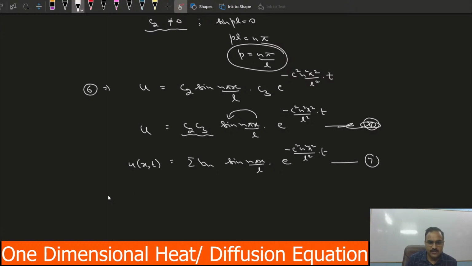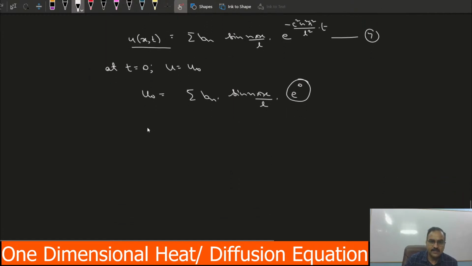Now the last boundary condition: at time t equal to 0, u is equal to u naught. So u naught is equal to summation of bn into sin of n pi x by l into e raised to power 0. Something to the power 0 is always 1. So we are left with the condition u naught equal to summation bn sin of n pi x by l.